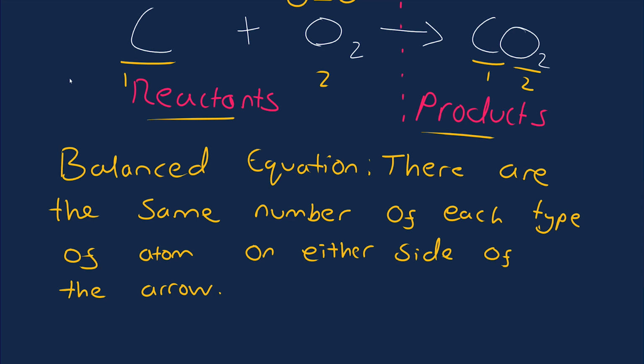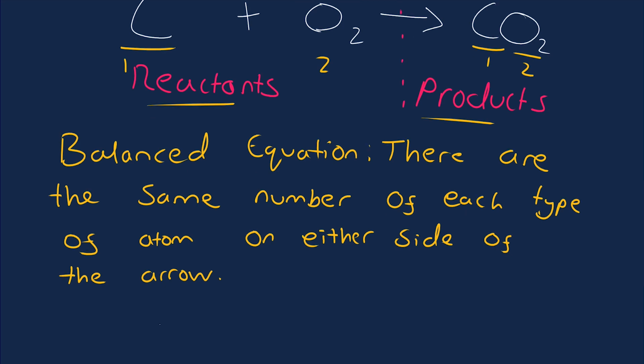Okay, a balanced equation means that in the chemical equation, we have the same amount of atoms of each type. So in this case, we have the same amount of carbons on either side of the equation, and we have the same amount of oxygens on either side of the arrow as well.